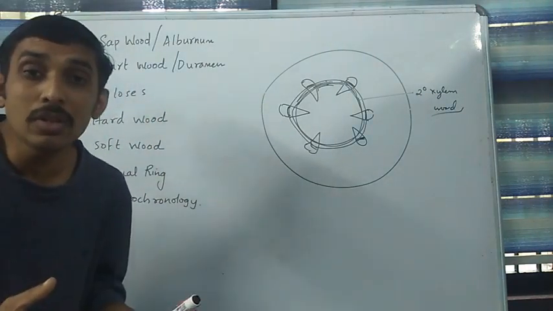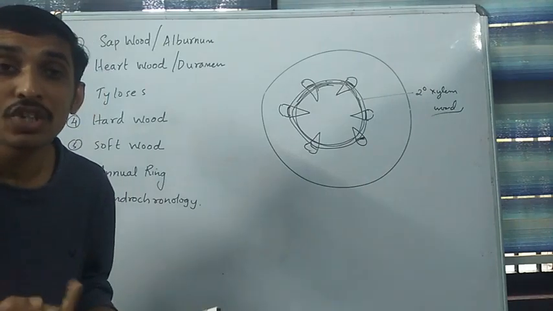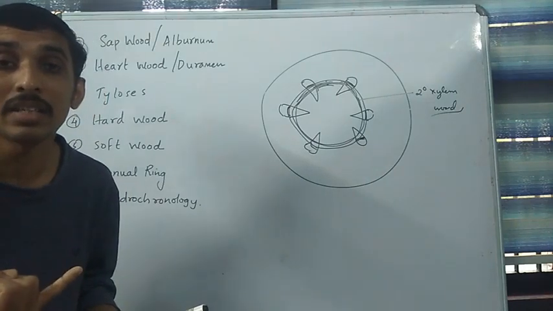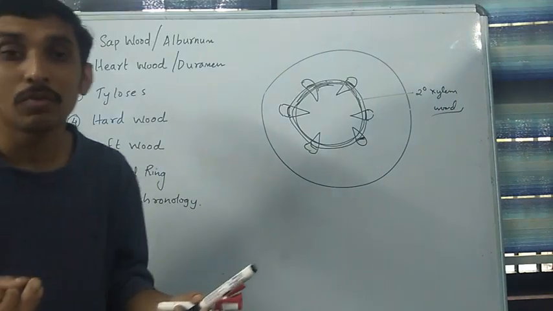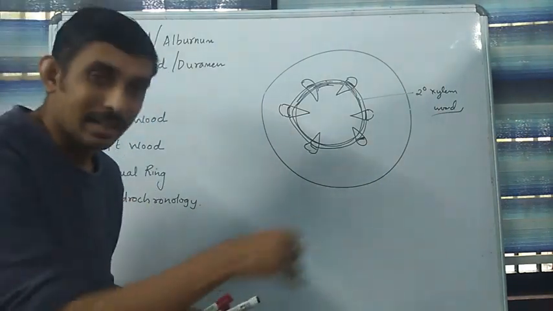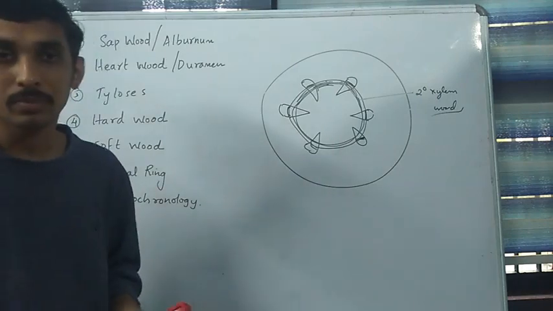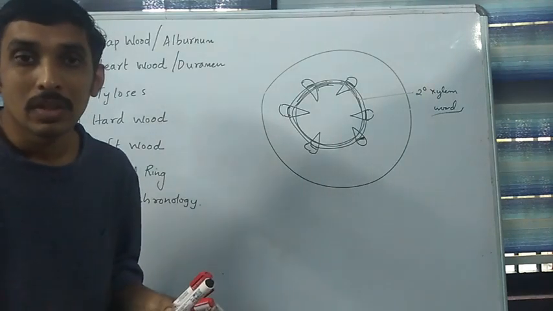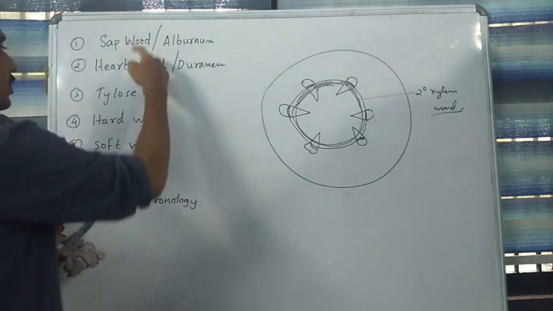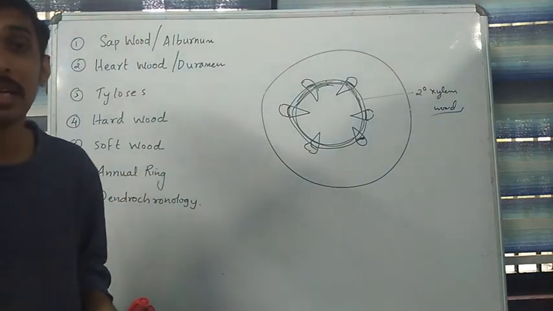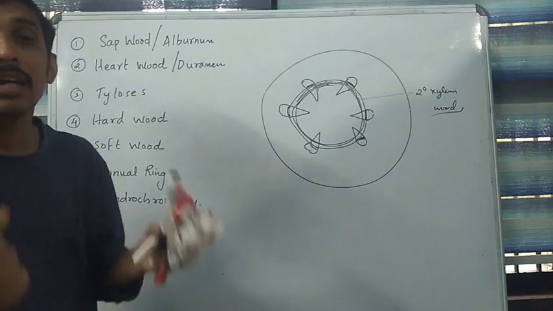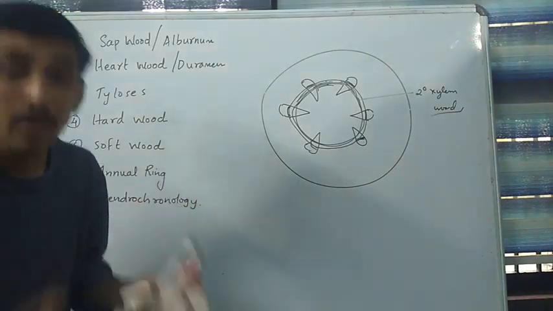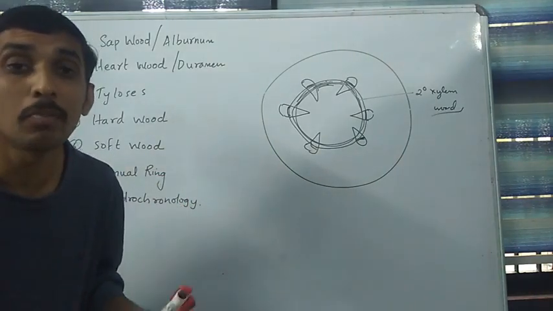The main feature of hardwood is that it shows high resistance against different kinds of pathogens which attack the stem and root. The main difference between sapwood and hardwood is that hardwood shows high durability, and its main function is to provide mechanical support to the whole plant.